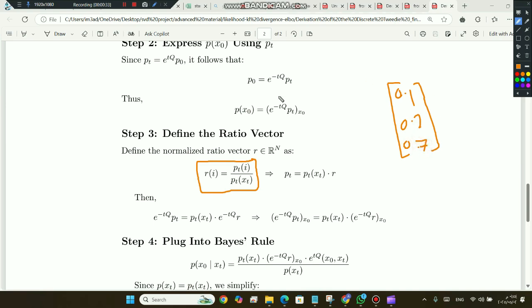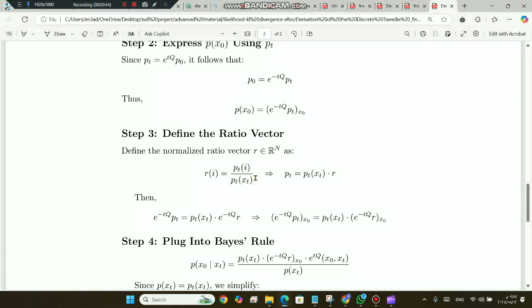So pt of i is the whole probability vector, but pt of xt is just a number, a scalar. So what we have done is we have come up with this variable r, the whole probability vector divided by pt of xt. Based on this assumption, pt will equal pt of xt times r.